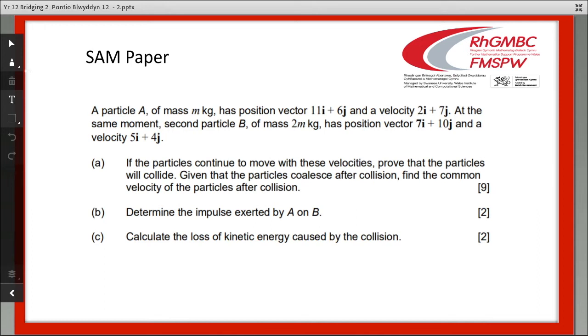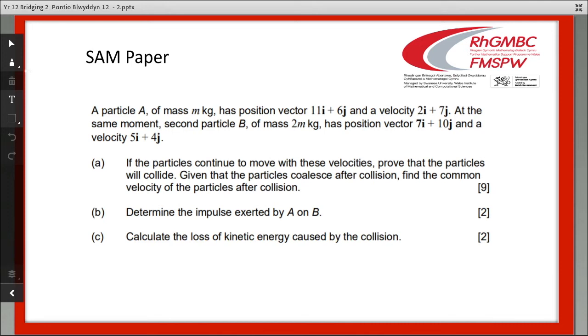That means that if I want to know the position of where particle A is going to be in the future, it's going to be its original position vector, 11i plus 6j, plus where I end up, which is the distance.